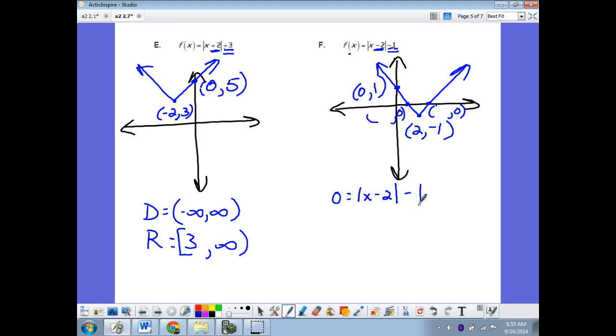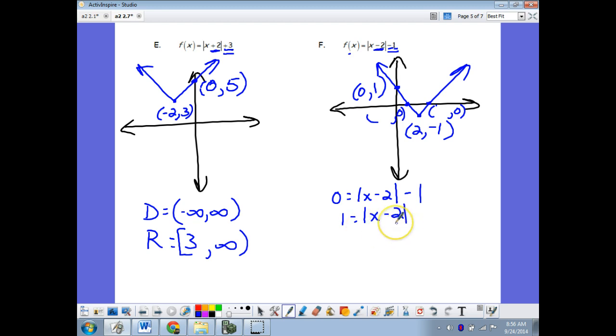Now all we have is an absolute value equation just like we had in 1.6. So we're going to solve this. First thing we want to do is get the absolute value part by itself by adding 1. So 1 is equal to the absolute value of x minus 2.